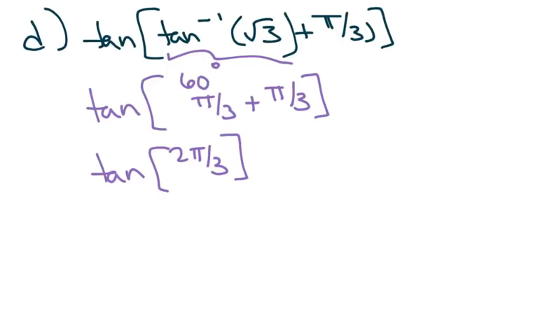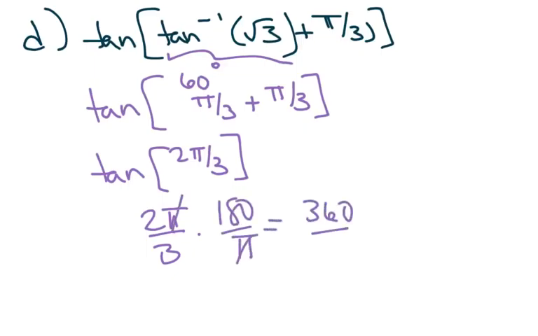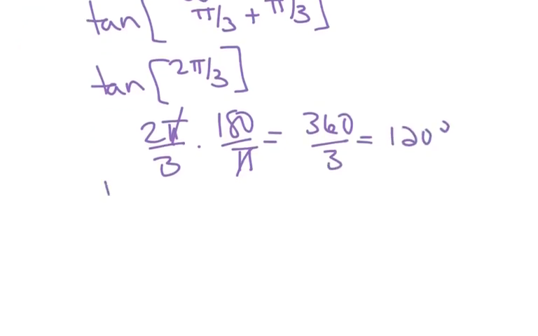If it helps you to change that into degrees, you change 2 pi/3 into degrees by multiplying by 180 over pi. 360/3 is 120 degrees. So really what we're doing is the tangent of 120 degrees.